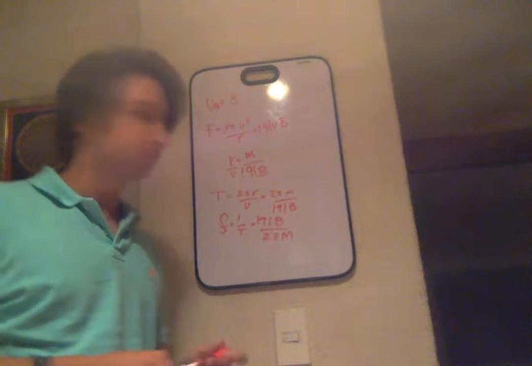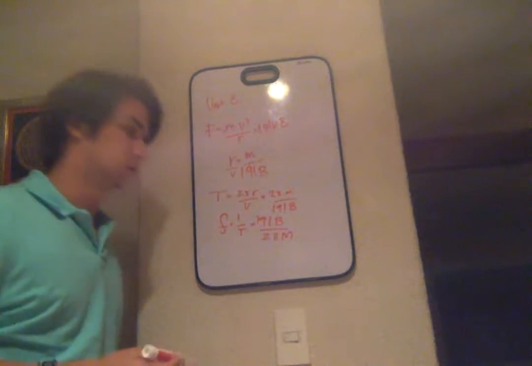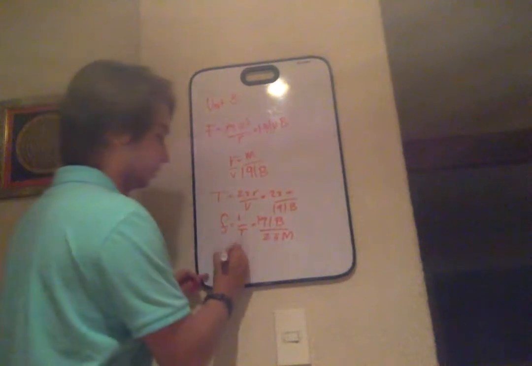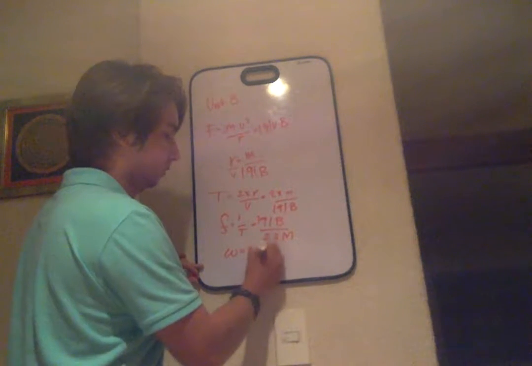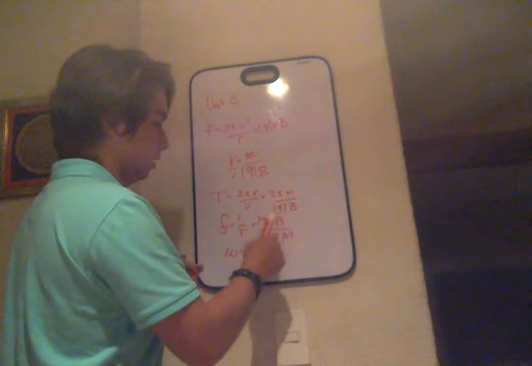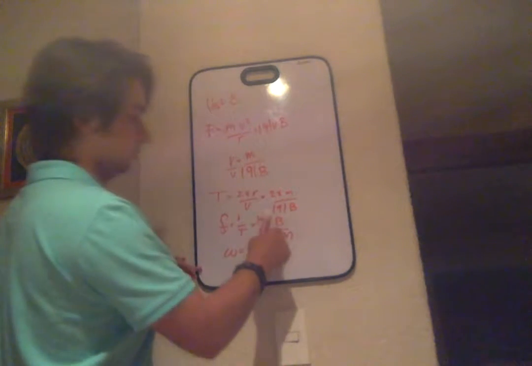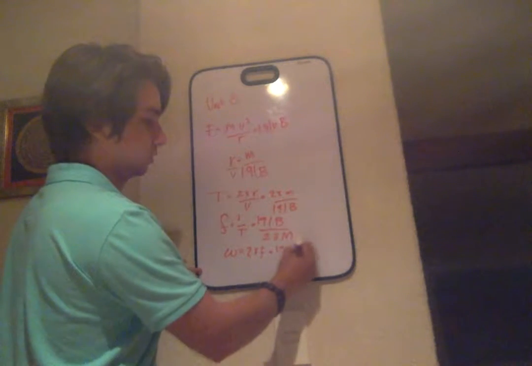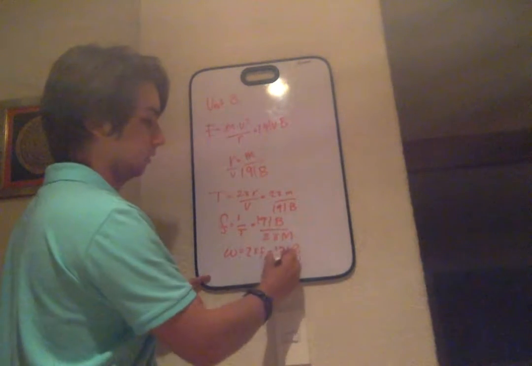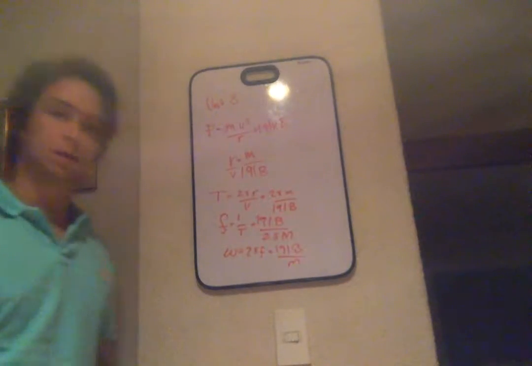And we can also use angular frequency, that is angular velocity, that is 2 pi frequency. So if we cancel this and we cancel this, we'll have the magnitude of the charge times the magnetic field over its mass.